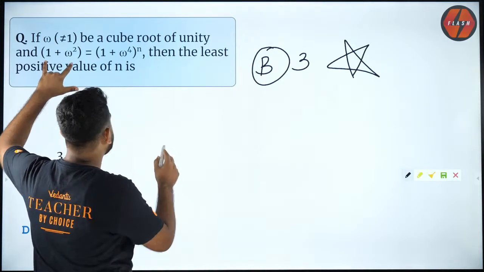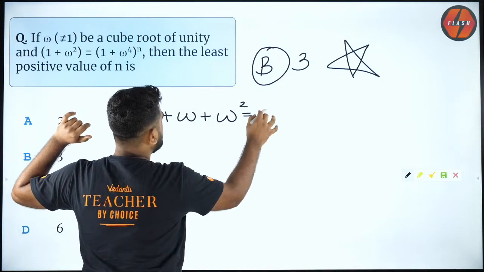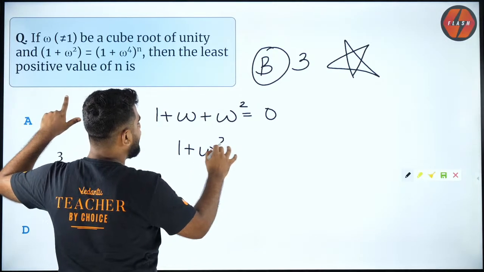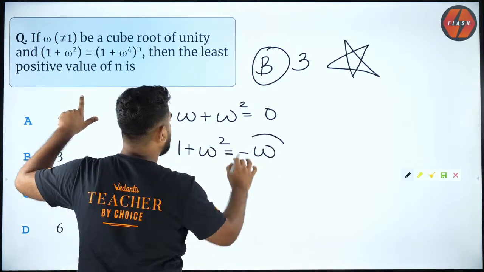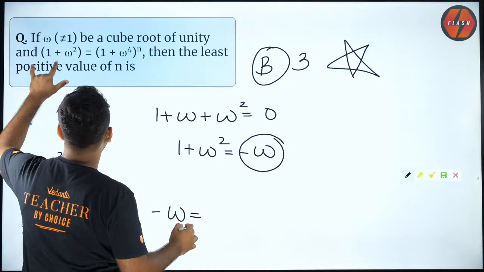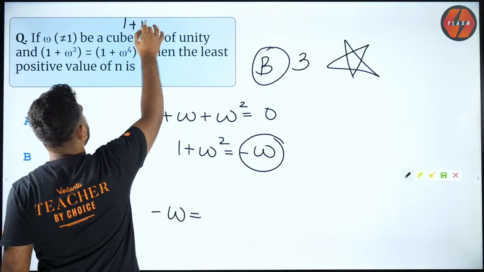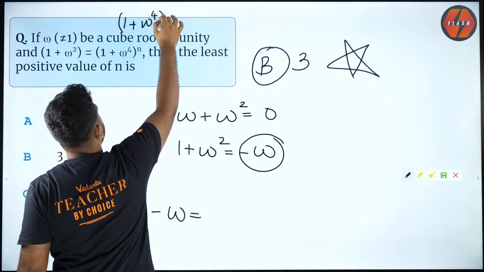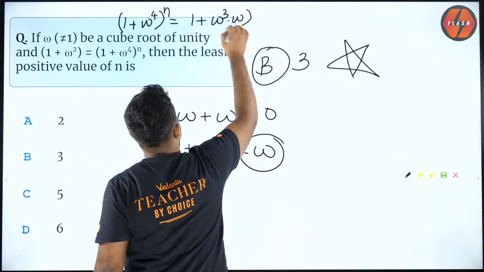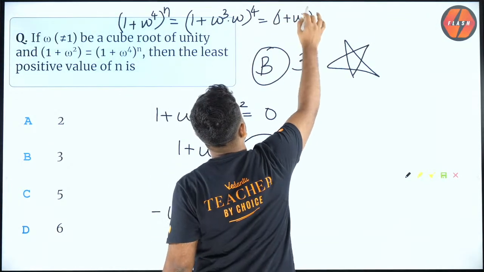1 plus omega square, just now I told you, 1 plus omega square is 0. So 1 plus omega square is minus omega. That is my left hand side. My left hand side is minus omega. My right hand side is what? 1 plus omega power 4 whole power n, which will be 1 plus omega cube into omega whole power n, which will be 1 plus omega whole power n.